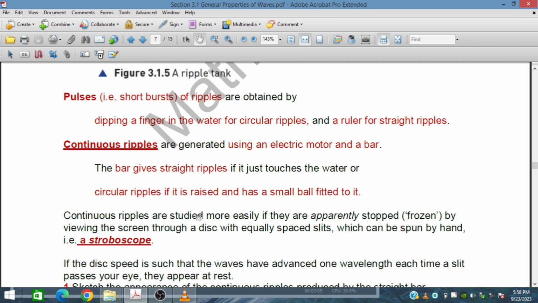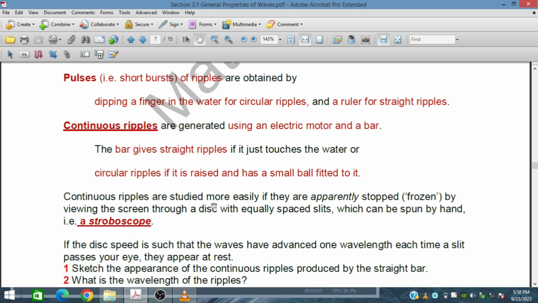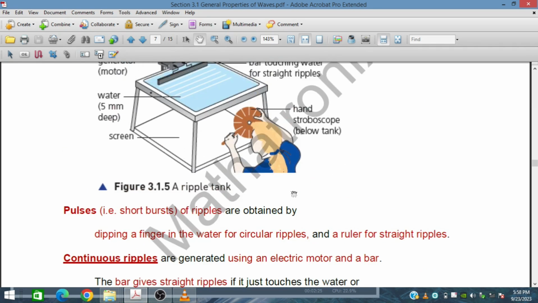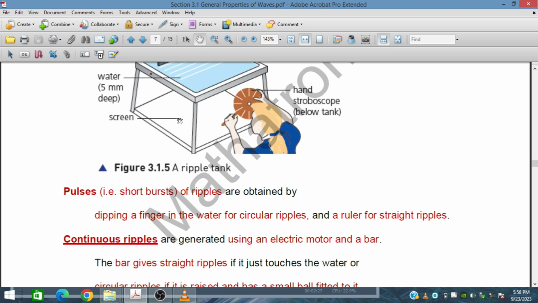Continuous ripples are studied more easily if they are apparently stopped, frozen, by viewing the screen through a disc with equally spaced slits, which can be spun by hand, or by a stroboscope. A stroboscope is a device used to measure speed. If the stroboscope speed and the wave speed become the same, it shows a still picture.